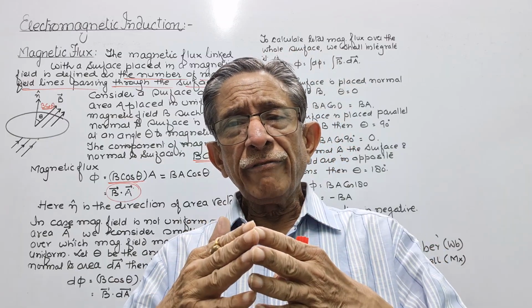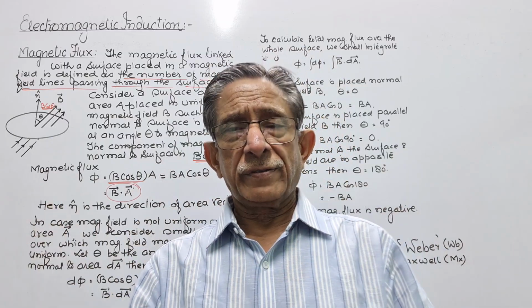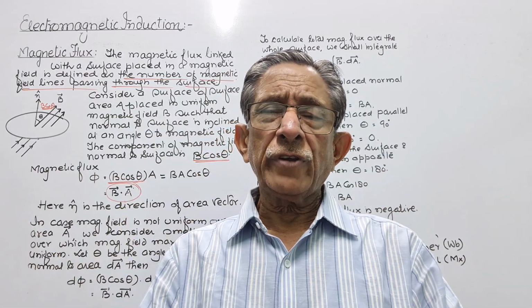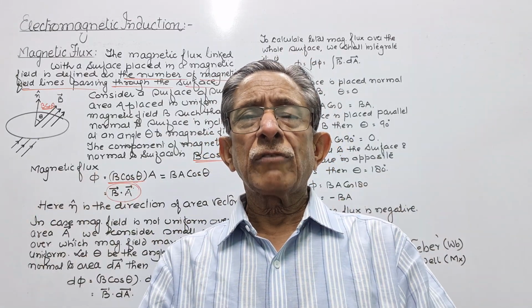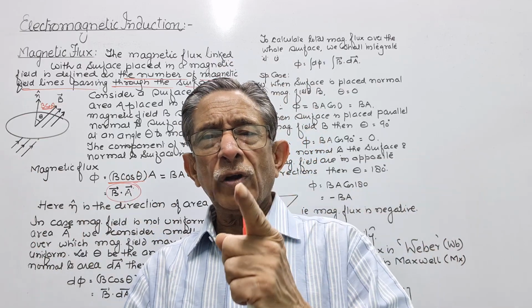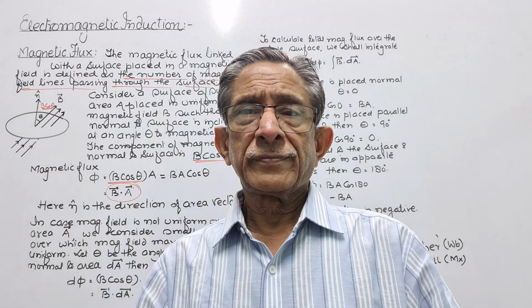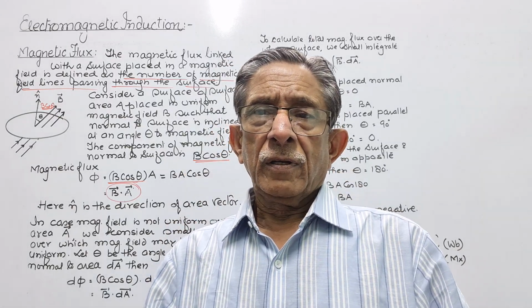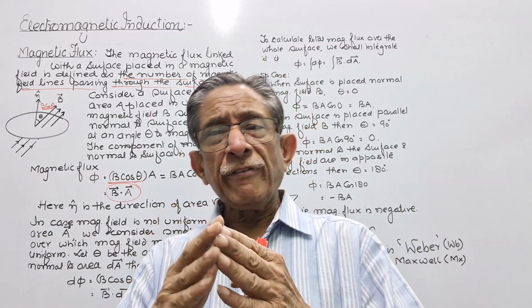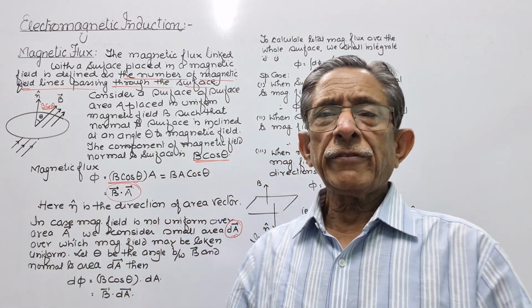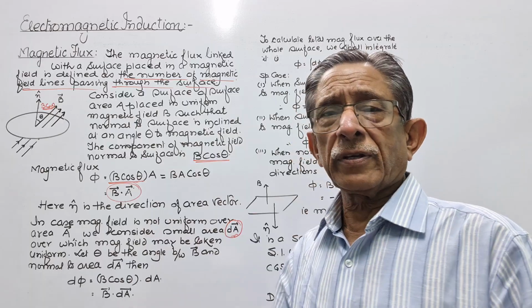When the physical quantity is discrete, for example, the mass of the students is given and you have to calculate the total mass, we shall do summation. But if a physical quantity is continuous, then we use integration. Since magnetic field is non-uniform but continuous, that's why we shall do the integration.